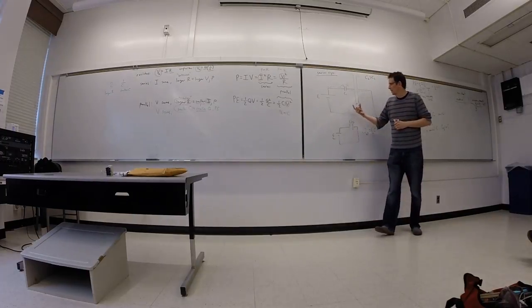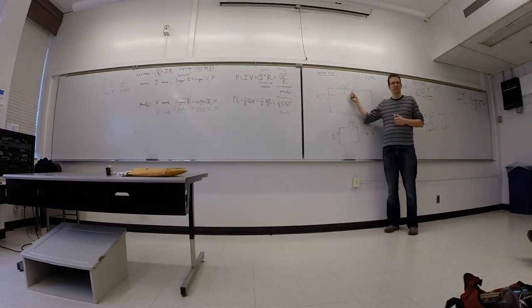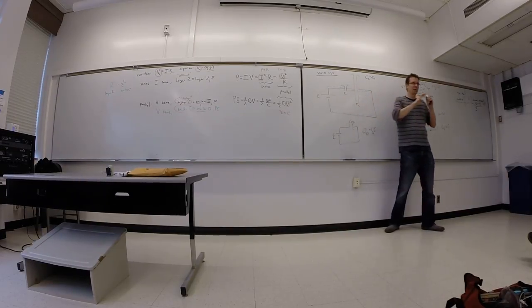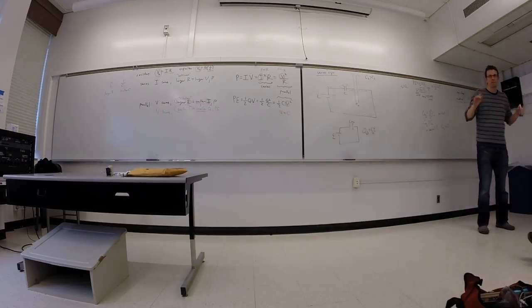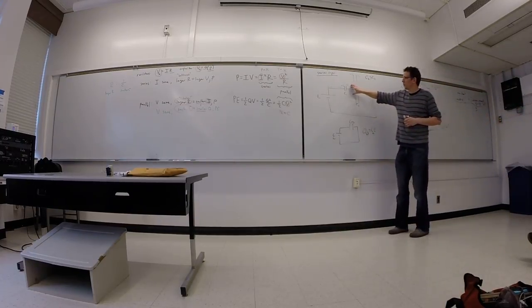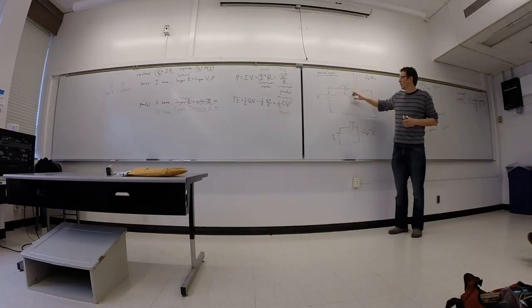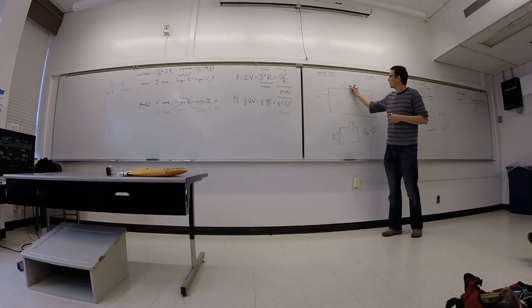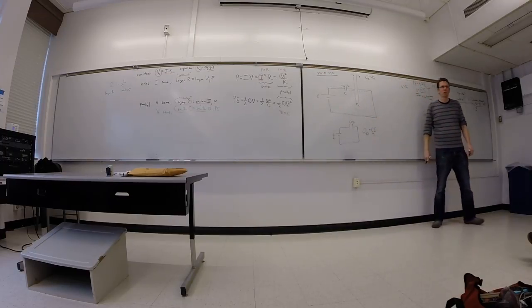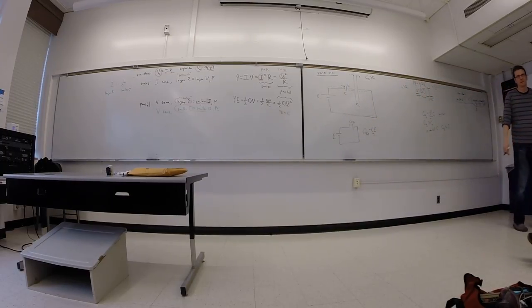I will point out that this middle segment is not attached to the battery in any way. It is a plate and a plate connected by a wire, and they're not connected to anything else, right? So if that was neutral before, it better be neutral now, which means that this and this have to be the same amount. So we can conclude here that, in fact, the same amount of charge is stored across both capacitors.